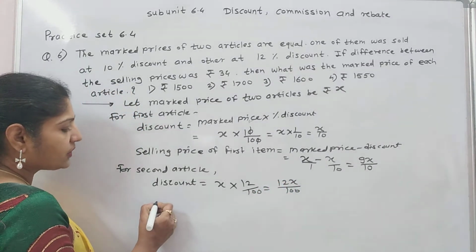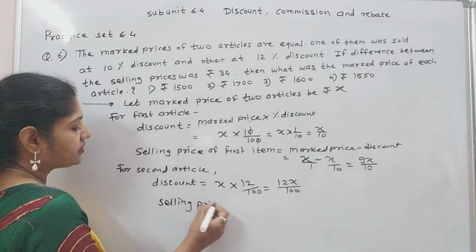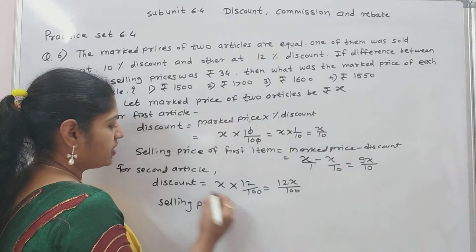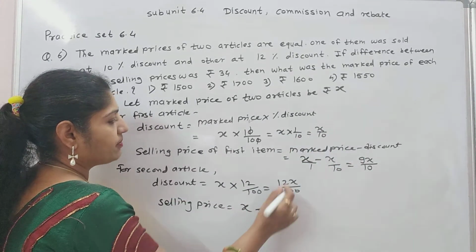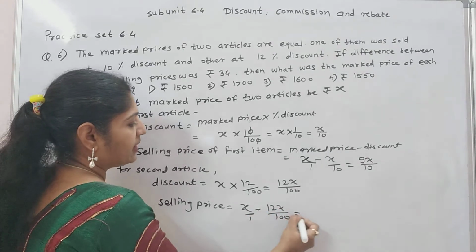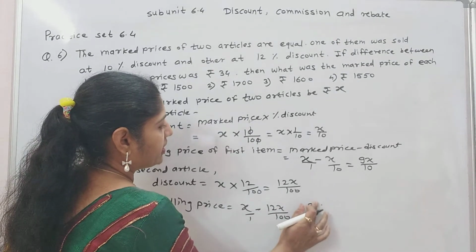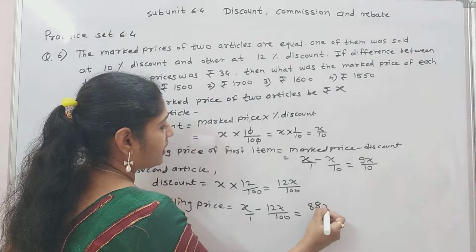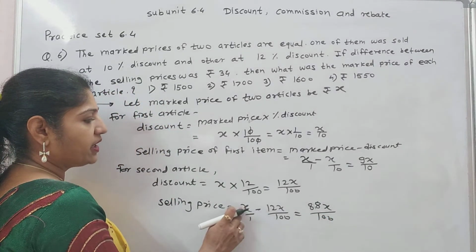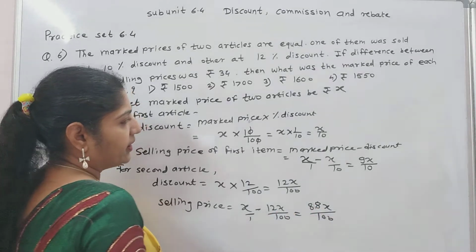Now find the selling price. Selling price equals mark price minus discount. Mark price X minus discount 12X upon 100. Cross multiplication, 100X minus 12X, that is 88X upon 100.